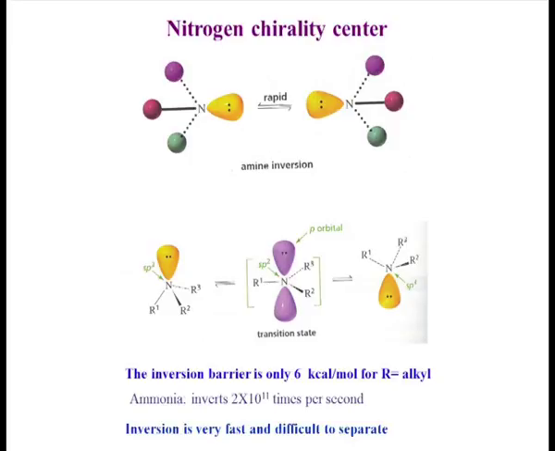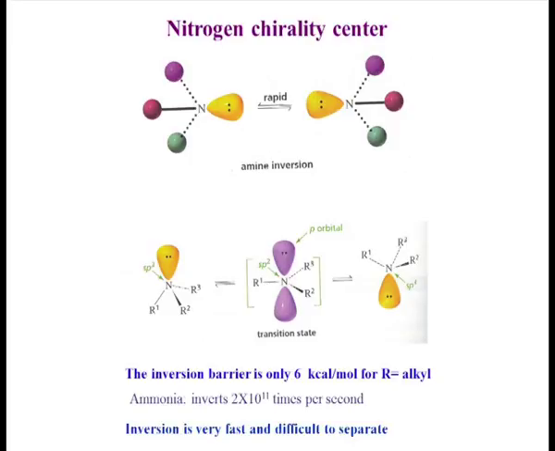If I take a compound where nitrogen is tetrahedral, with the fourth position being the lone pair of electrons, and three substituents shown here as a cartoon in pink, red and green, and the other enantiomer is written as its mirror image, non-superposable, then these two are enantiomers.